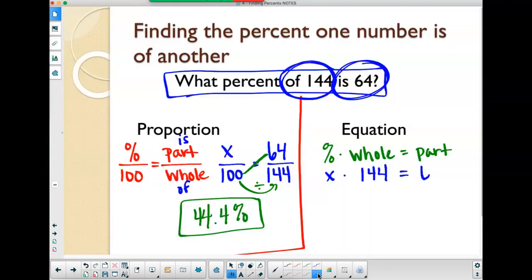The part is 64. Then we solve the equation. We have to divide by 144. But you get this, x equals 0.444444. Is that the percent?